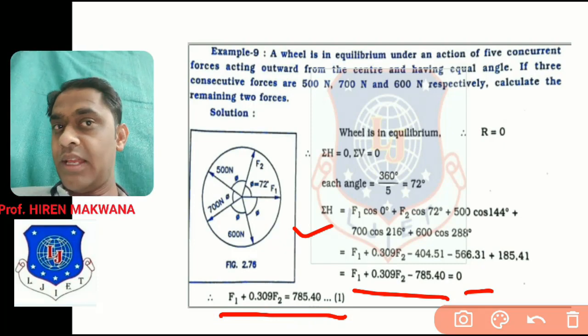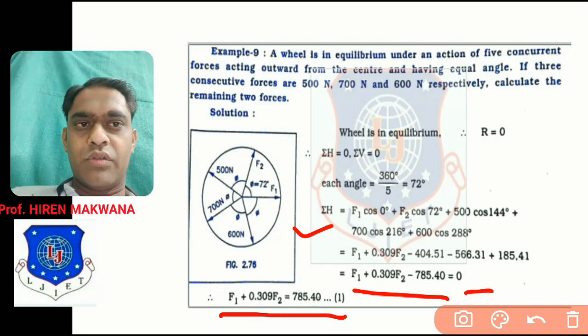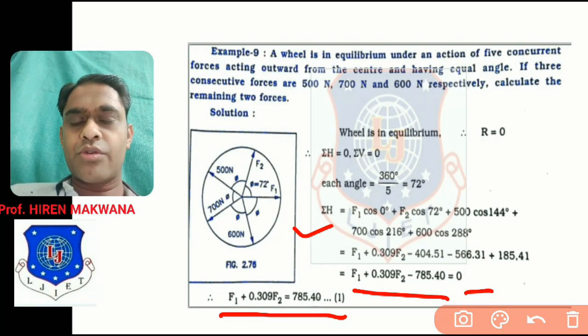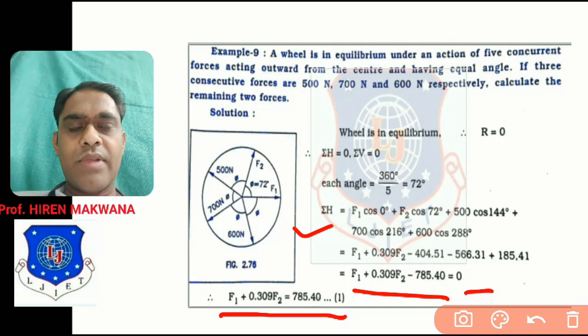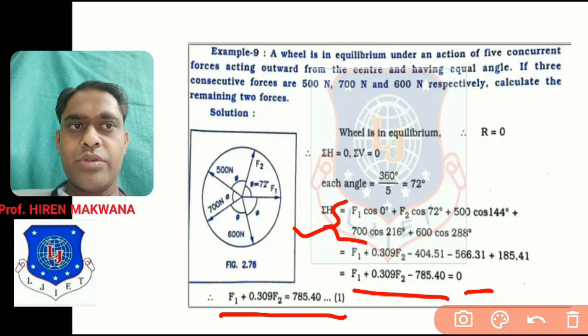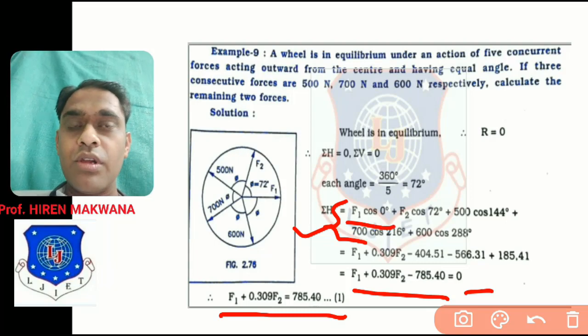Now think logically. What happens in sigma V? I will show you on the next page, but just imagine what happens with sigma V. If you start sigma V, all these values are copied down, just in place of cos you have to replace sine. So what will be the first term? F1 sine 0.